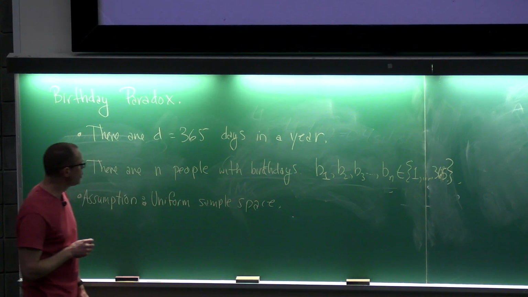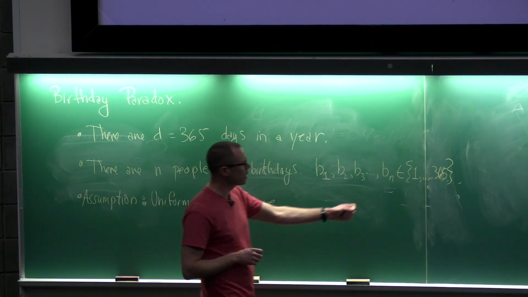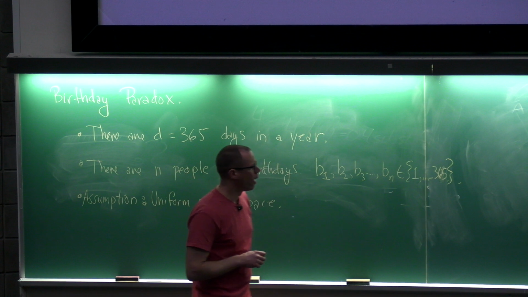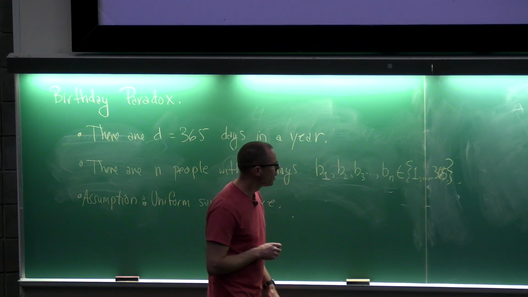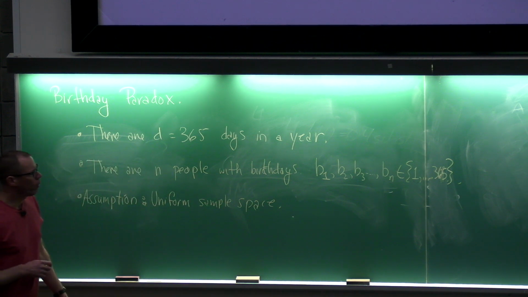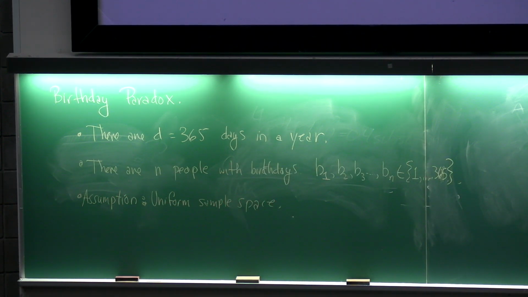So that means each person's birthday is equally likely to be any one of the 365 days of the year, and that's true for each one of these things. So we want to use what we know about uniform sample spaces, and of course for computing probabilities in uniform sample spaces, it's really critical that we know the size of the space.